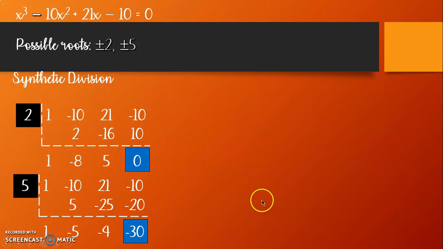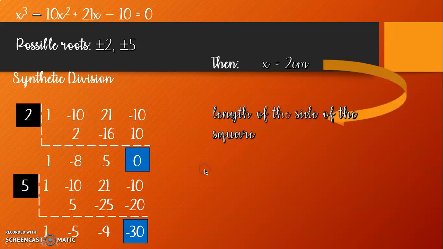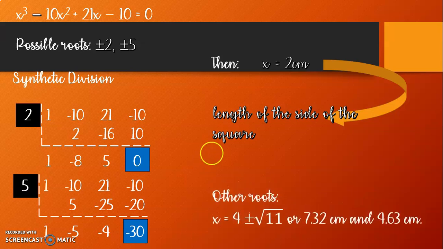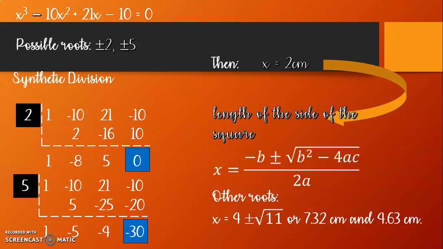So the only root that we have obtained is positive 2. Then the length of the side of the square is equal to 2 centimeters. The other roots are the following: 4 plus or minus the square root of 11, or 7.32 and 4.63, using the quadratic formula.